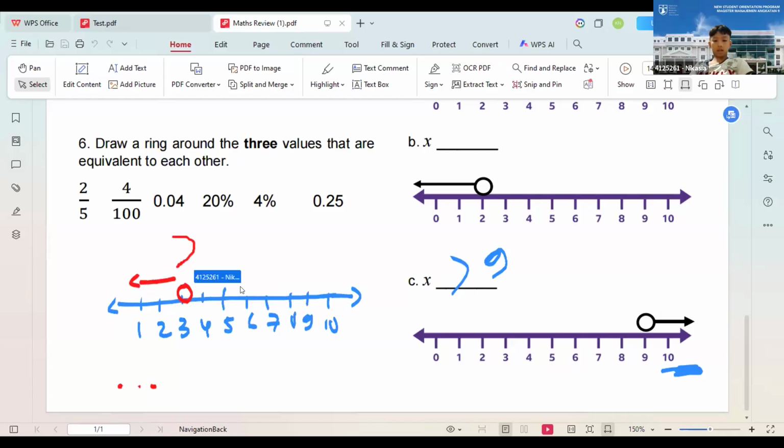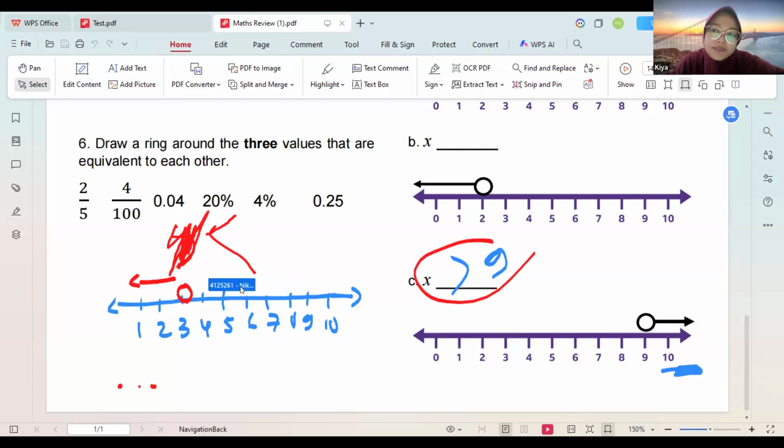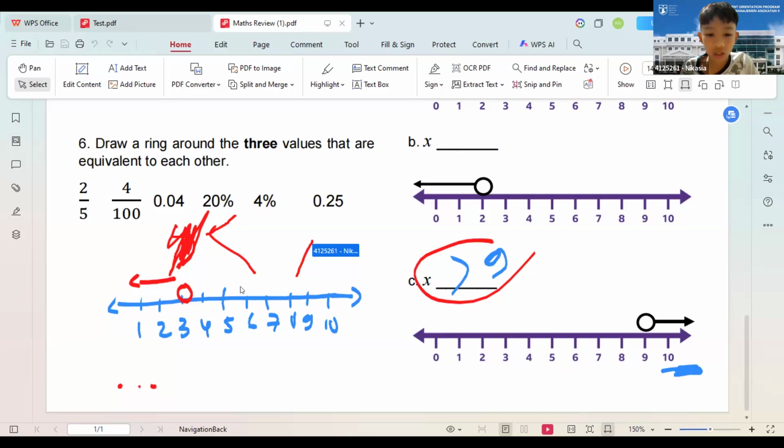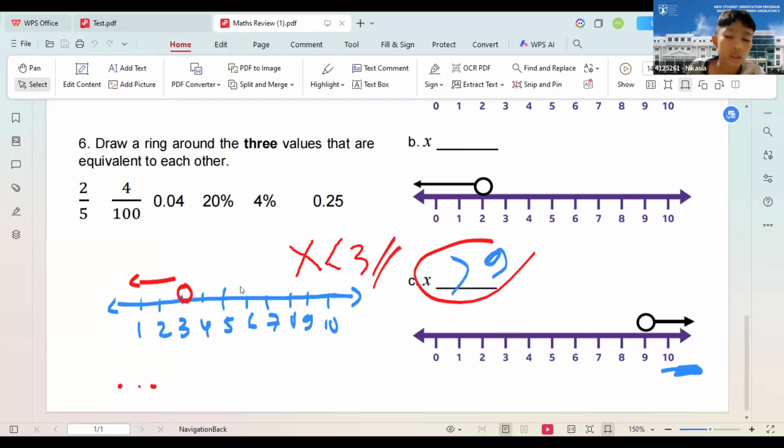Please write it all like this: there is X, there is a sign, and there is the number. Why is the result this? Because the numbers less than 3 are 2 and 1, and 3 is still the biggest.